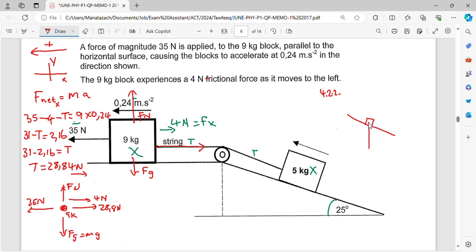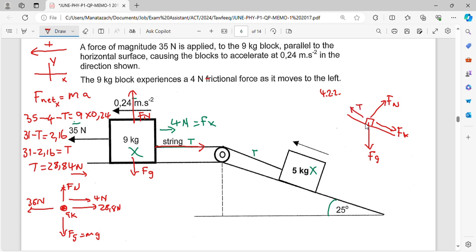You've got the weight, which is Fg. Then, since there is movement, it's going to experience a friction force, which you can call Fk, the kinetic friction force. Then the normal force is going to be perpendicular to the inclined surface. So you've got Fn, and then you've got tension.